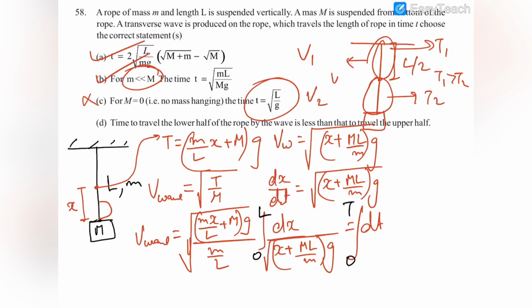So V1 will be greater than V2. So we can say that the wave will travel faster in the upper half, and therefore the time taken by the wave to travel in the upper half would be lesser. So statement D is also incorrect. So the only options which are correct in this question are A and B. Now we move on to the next question.